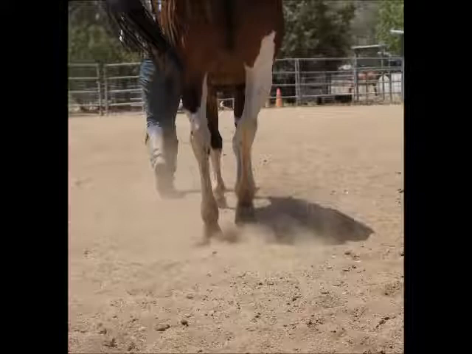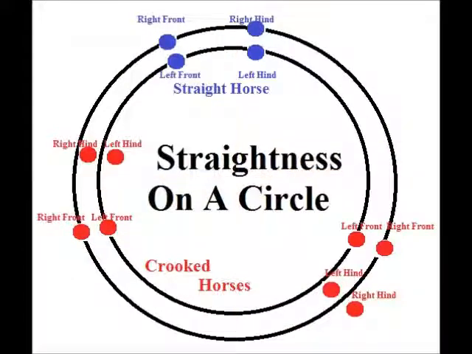The horse in this picture is on a straight line, and this diagram demonstrates straightness on a circle, which may sound like a silly term. The point of the diagram is that even on a circle, whether on a straight line or a curved line, the straight horse is always moving on two tracks.